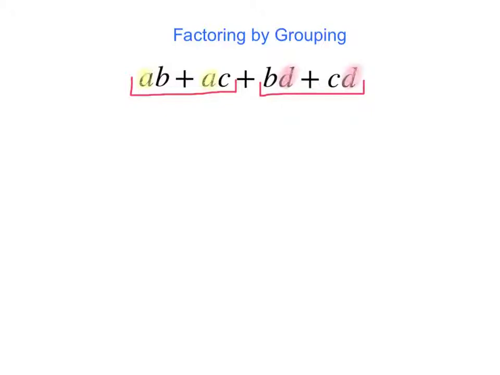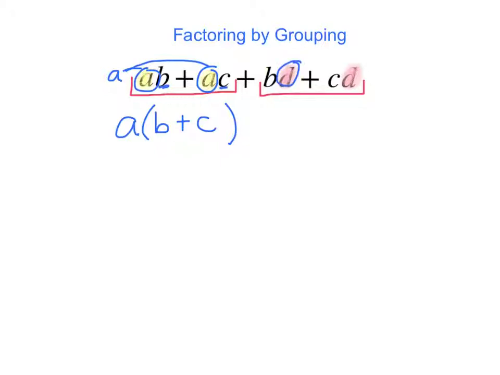So now we've got to look at how we actually factor this thing we're looking at. So what you're going to do is you're going to take out what's in common in that first pair. Well, what's in common in that first pair is A. And if I factor out the A, if I take the A and I pull it out front, what am I left with? B plus C. Okay, so I took that A out, and what I was left with was B plus C. Now, look to the next one.